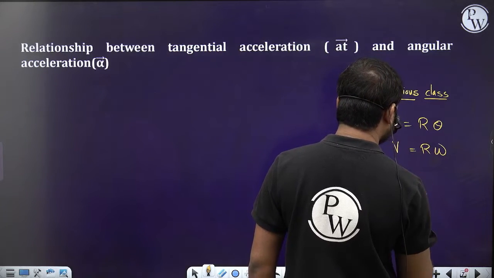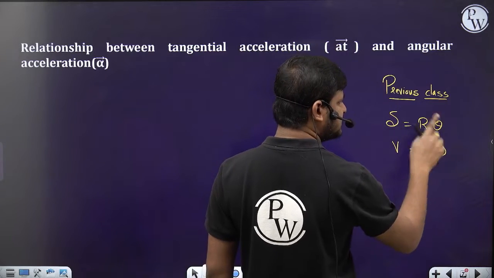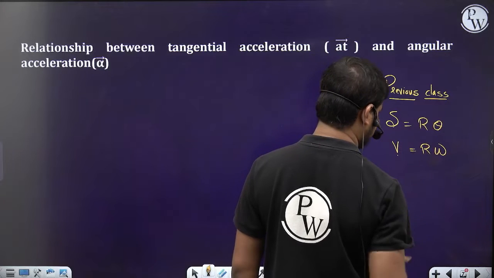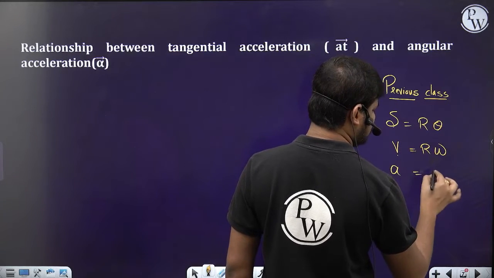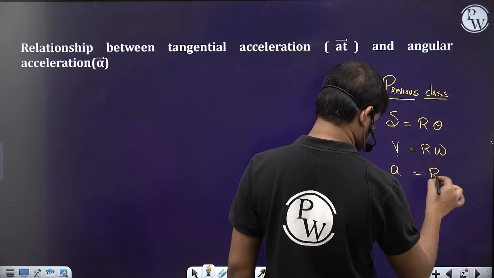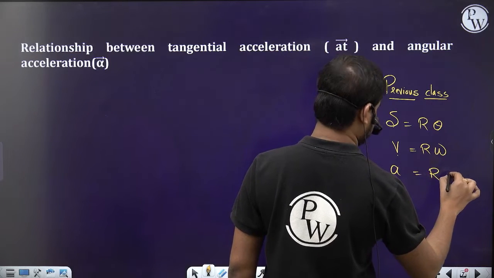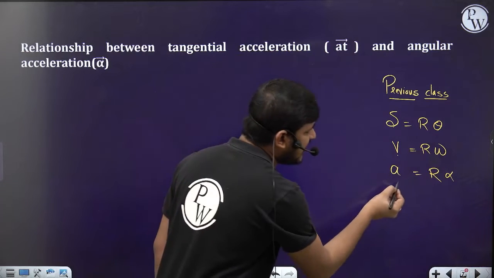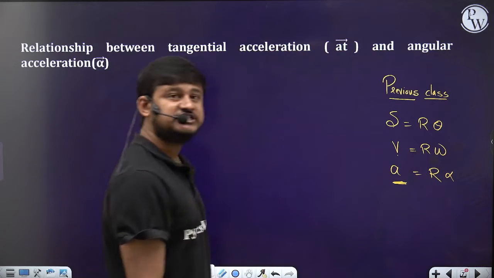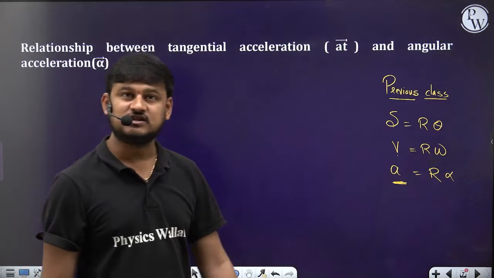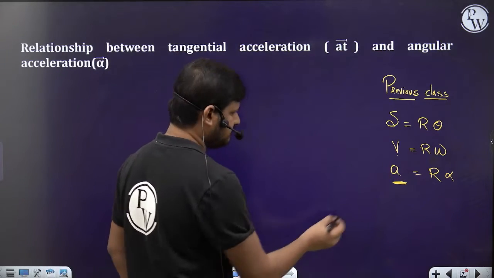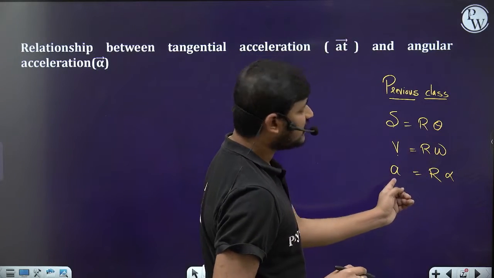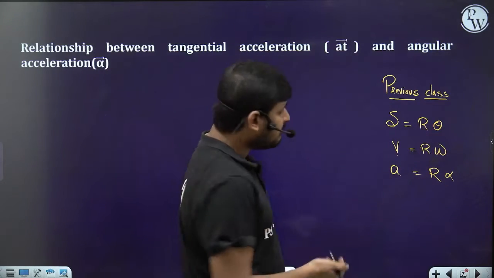So now the acceleration will also be equal to r into alpha. But what is this acceleration? Whether it is the tangential acceleration or the centripetal acceleration, that's the question, right? By comparison you can say that S is equal to r theta, V is equal to r omega, A is also equal to r alpha. Fine. But what is this acceleration?